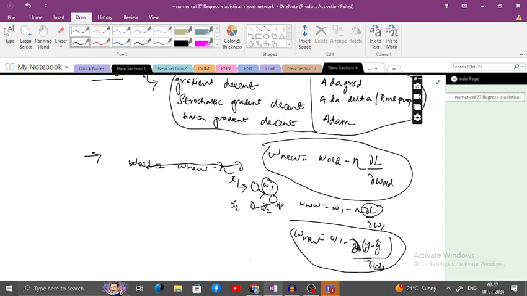So here, what happens in the case of gradient descent? The first one is gradient descent, right? All data sets, the whole data set. See, suppose you have 10K, a data set of 10,000 rows and some number of columns. The whole data set is considered once.